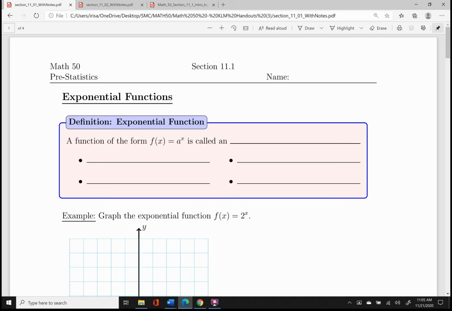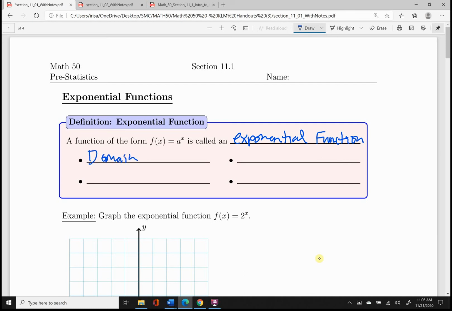A function of the form f of x equals a to the x power is called an exponential function. Nothing earth-shattering, since it's also defined right here in the heading of this box. Some things to remember about exponential functions: the domain is all real numbers.